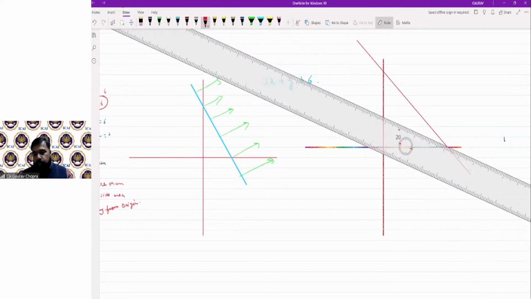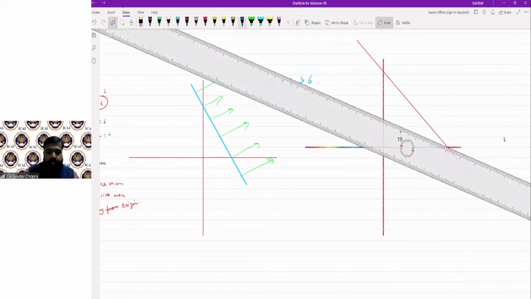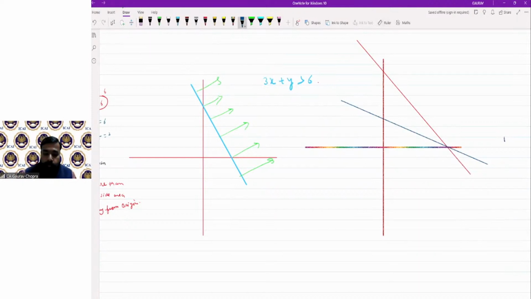And now comes the second line. So these 2 lines are there. Now, let's say the first equation is having a less than sign, and the second equation is having a more than sign.